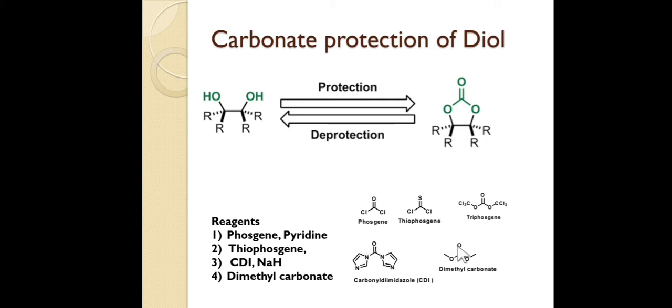Also we can use triphosgene. This is the structure of triphosgene. In this, instead of Cl, Cl, we have OCCl3 and OCCl3. This is called triphosgene. So we can use phosgene, thiophosgene, triphosgene, and this is the structure of CDI, carbonyl diimidazole.